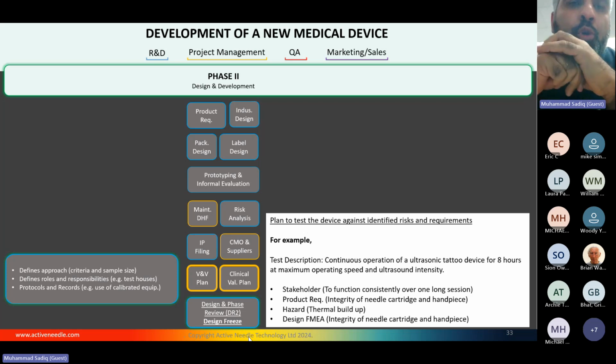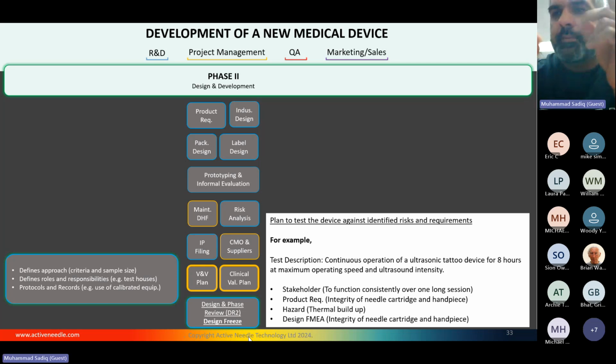The way you would normally go about this is that all the risks you have identified and all the requirements you have captured should inform you what kind of test you need to be doing to evidence that you have designed the right product. And if you have captured these requirements and risks properly, you should be able to test multiple requirements and risks with just one test.